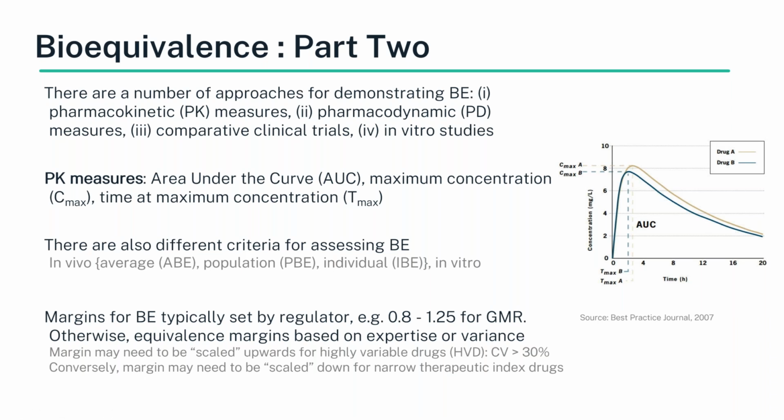It looks to test whether the difference of the averages of the pharmacokinetic parameters like the AUC for the reference and the generic treatment fall within the limits of equivalence. But the main drawback of average bioequivalence is that it doesn't cover drug interchangeability.